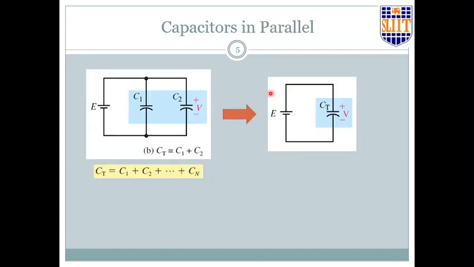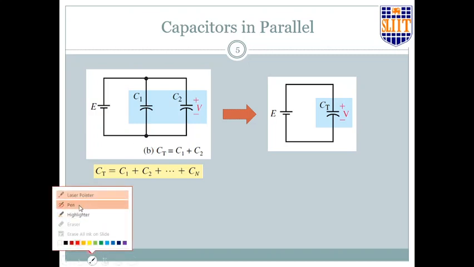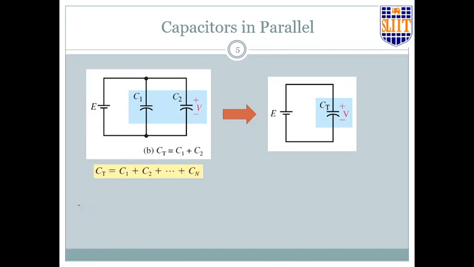Now for the total capacitance of a parallel combination, we can use the relationship that we just discussed, that is Q is equal to CV.